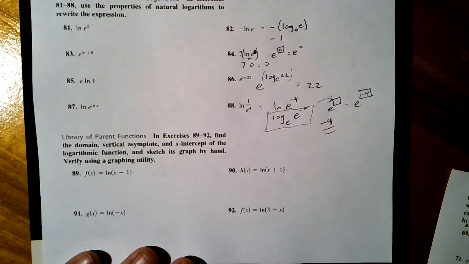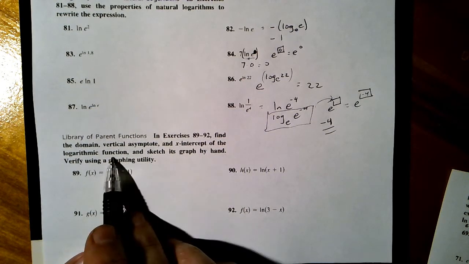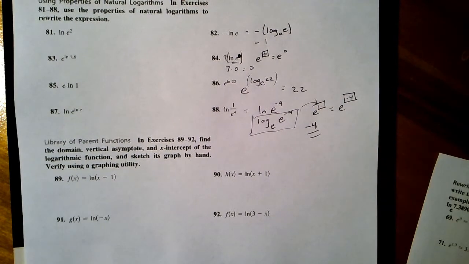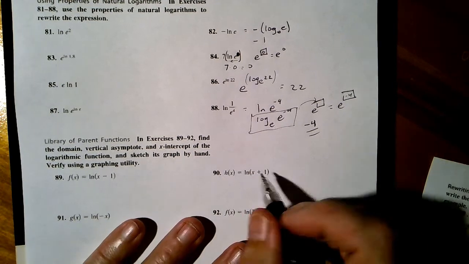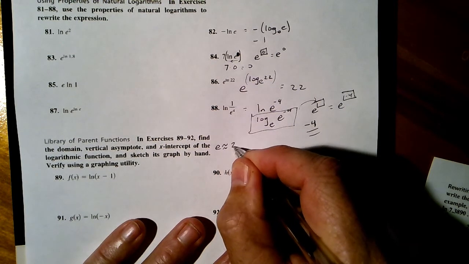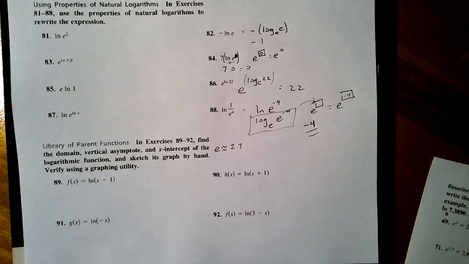Okay, and find the domain, the vertical asymptote, the x-intercept of the graph. So we're going to go ahead and roughly stamp these things. It's going to be a little bit strange here. e, if you recall, we talked about in the last section, for our purposes is about 2.7. About.